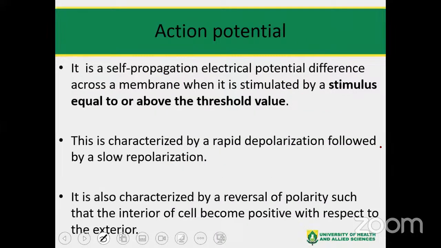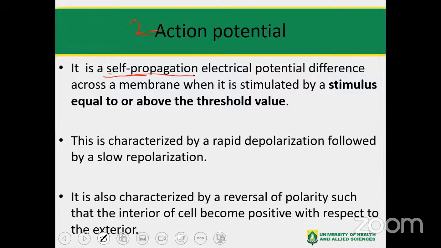Then I come to number two, the action potential. Action potential is also known as the impulse that we know in the neuron. In this case, it is self-propagation. You see, the other one was non-propagation, so this is very important here.